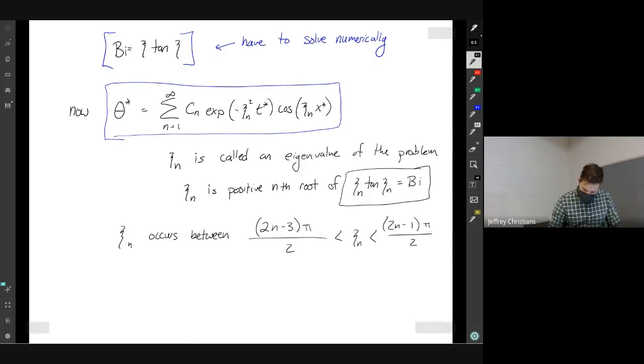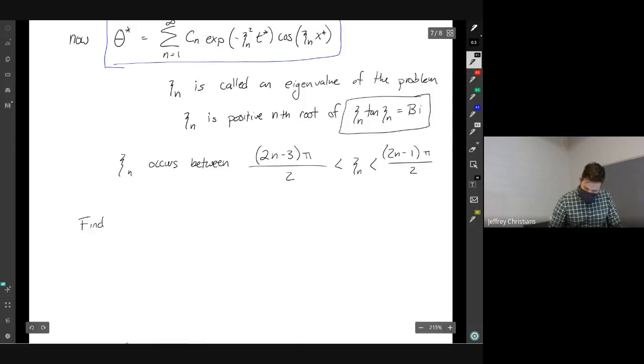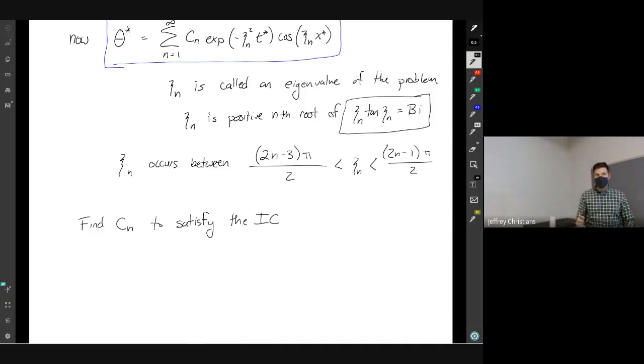So we find Cn to satisfy the initial condition. If we had a different initial condition, we would get different Cn's.